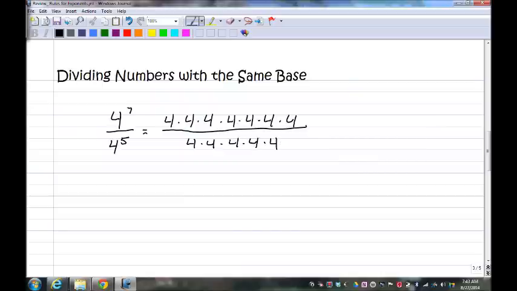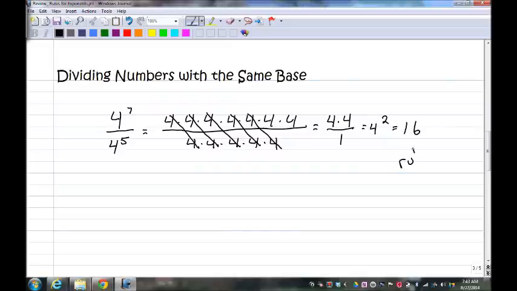Now, hopefully you remember that you could simplify a fraction, numerator and denominator, and when you look at this, you can say, wow, look, this 4 cancels with that one, that one, that one, that one, that one. Whoa, and look at what is left. We have 4 times 4 on the top, and we have just a 1 on the bottom. This is then the same thing as 4 to the 2nd power, or 16.